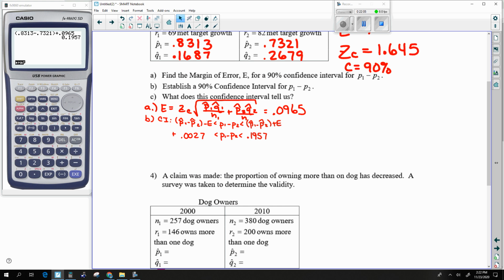Anyways, those are two positive numbers. So what that is saying is P1 minus P2 is a positive number. That means it's greater than 0. That means P1 is greater than P2.